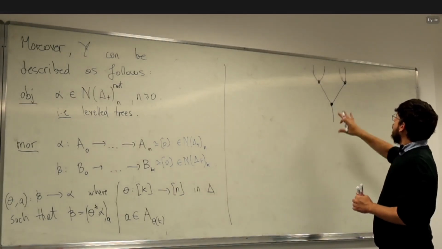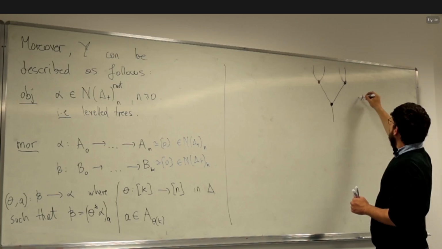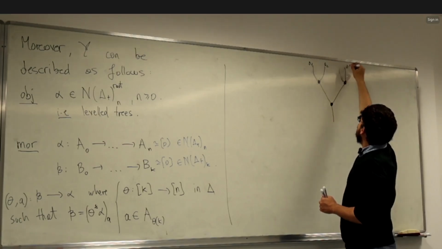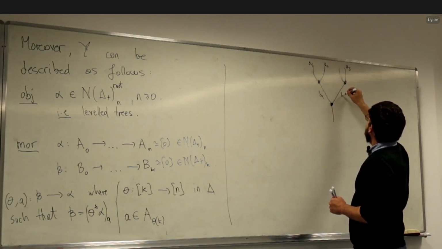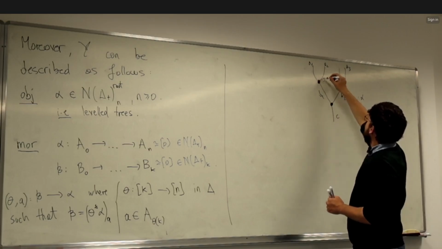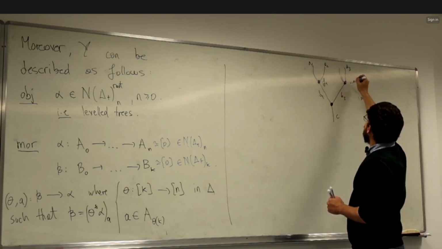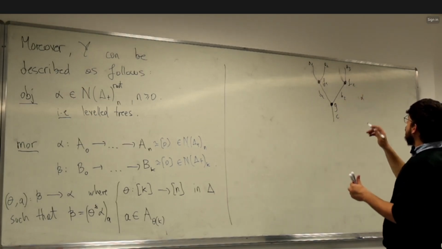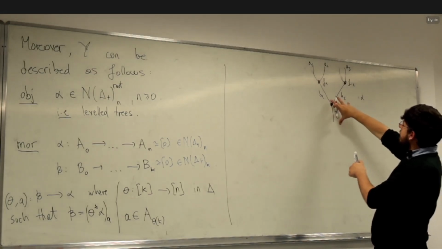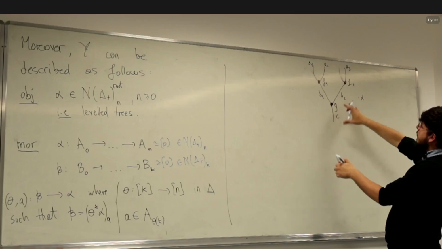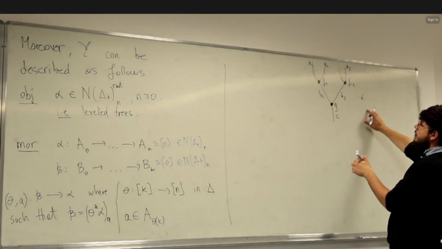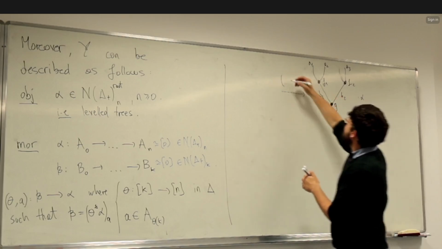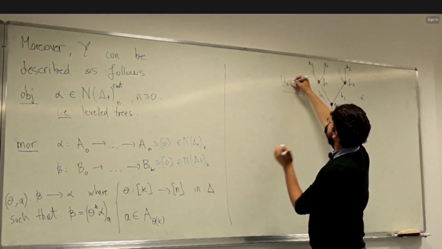So say this is alpha, which means, let's label these again. So I'm writing this in tree form. And the way you get a morphism into alpha is you apply some simplicial operation. So say we do the D2 face, which is the interesting case.